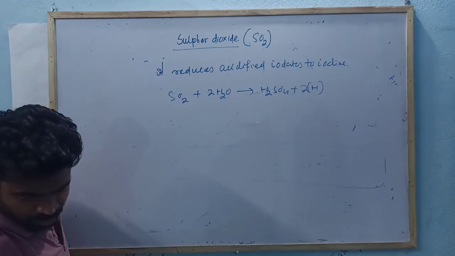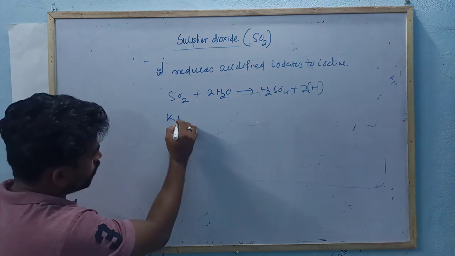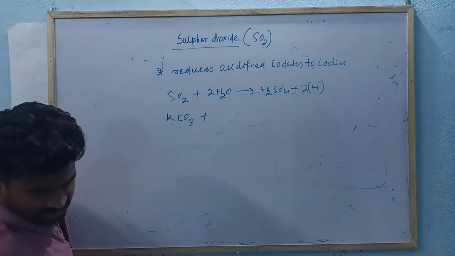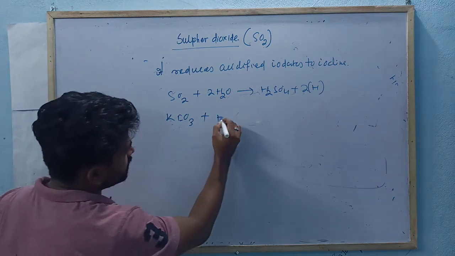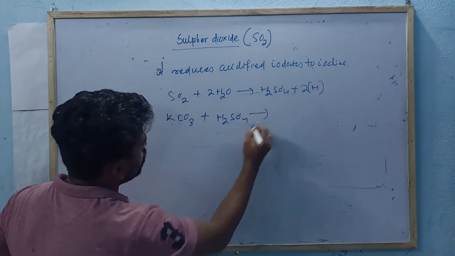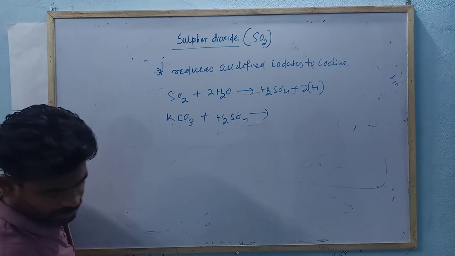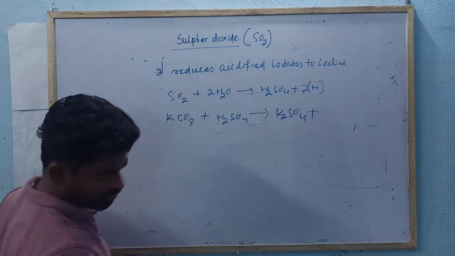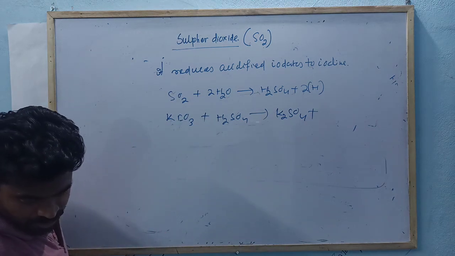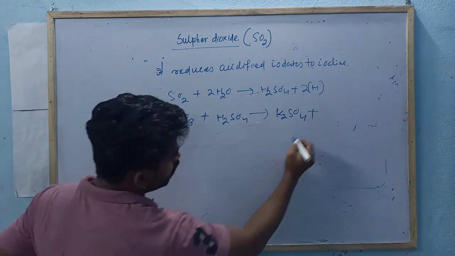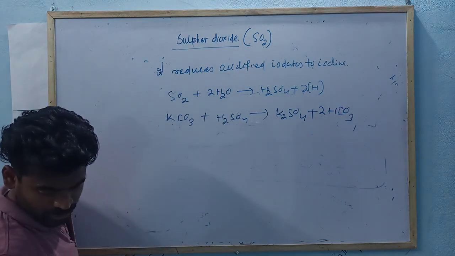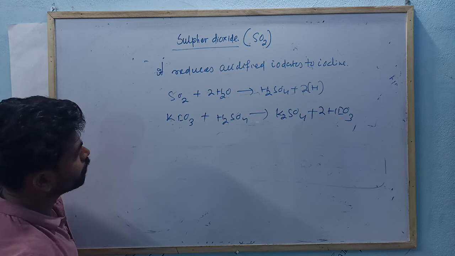Okay, so here this KIO3, this is iodates. Acidified means it is dissolved in acid. Suppose your acid is H2SO4. No doubt there will be liberation of K2SO4 plus 2HIO3. Okay.